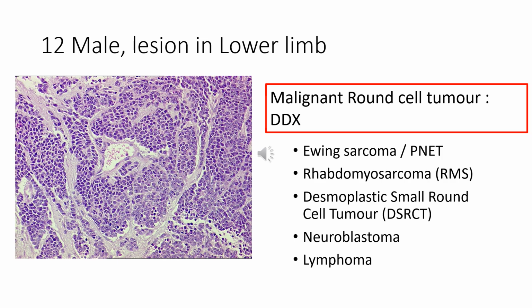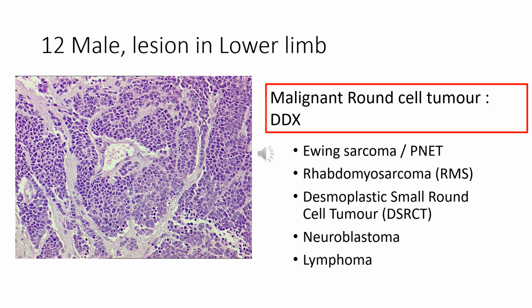Now let's look at this other case, a 12-year-old male patient with a lesion in the lower limb. What you are seeing, the lesion is probably in the bone, spilling over into the soft tissue, but the biopsy shows a tumor with uniform rounded cells, and there are a few capillaries running in between. Now when we encounter a lesion like this, there is a very wide list of differential diagnoses, and they come under the category of malignant round cell tumors.